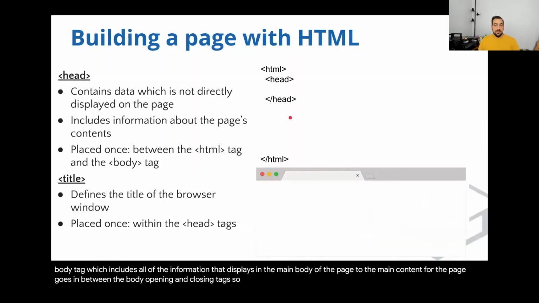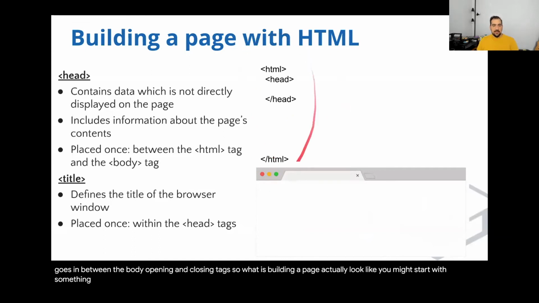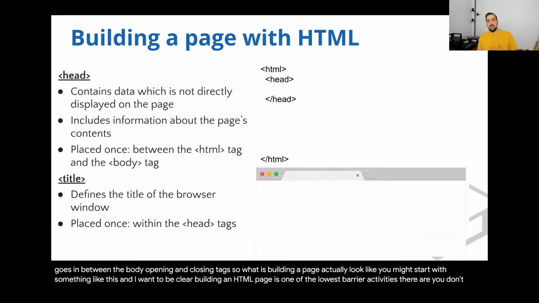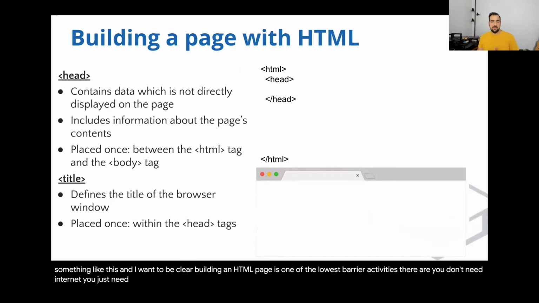So what does building a page actually look like? You might start with something like this, and I want to be clear, building an HTML page is one of the lowest barrier activities there are. You don't need internet, you just need a browser. You don't need a great text editor, you don't need a web server, you don't need to know what a web server means.